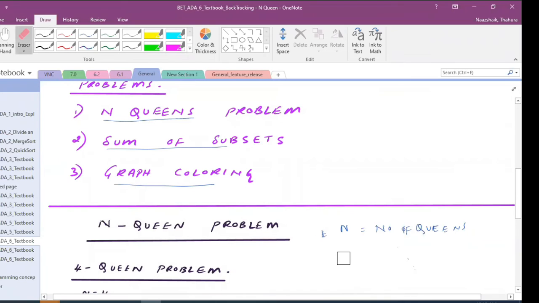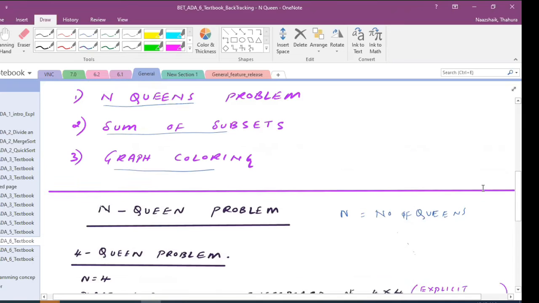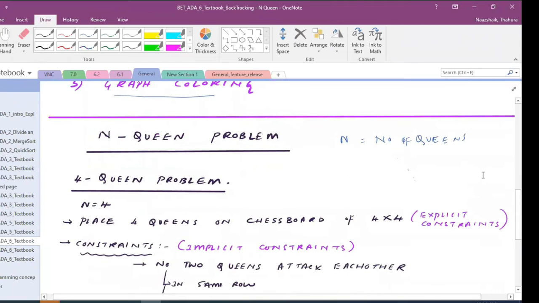So what do you mean by queen? Can anybody tell where we use a queen? Any game where we use a queen? Chess, correct, exactly. So this problem is actually talking about placement of the queens in chess.